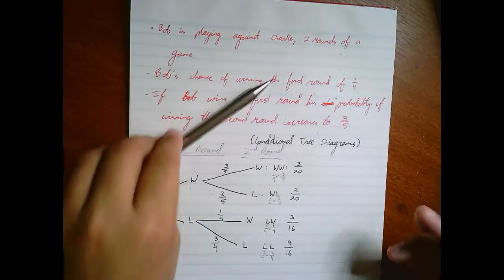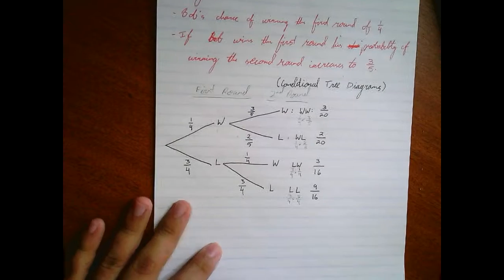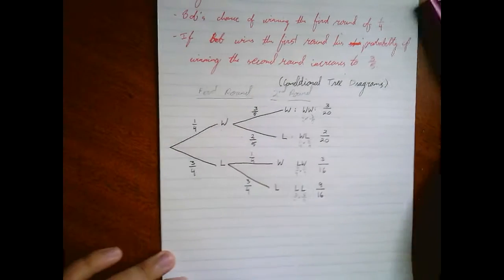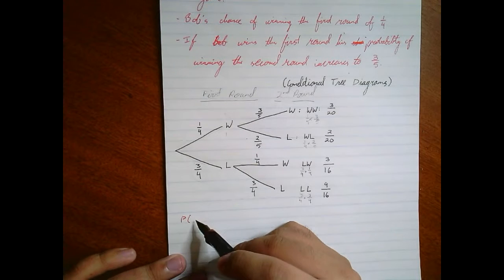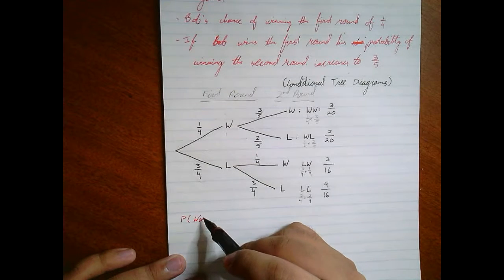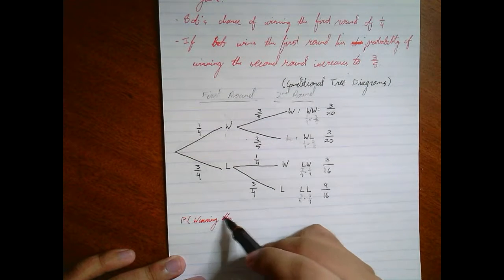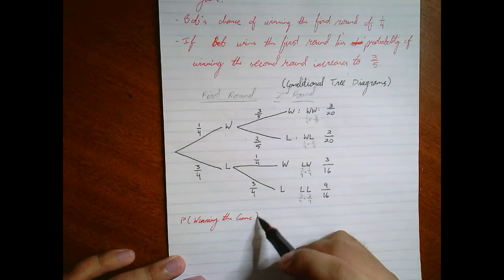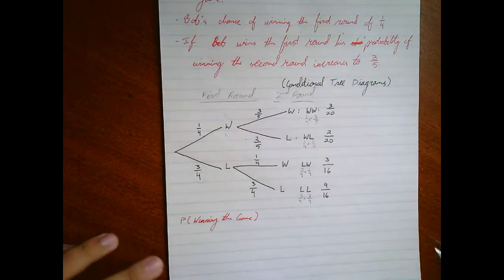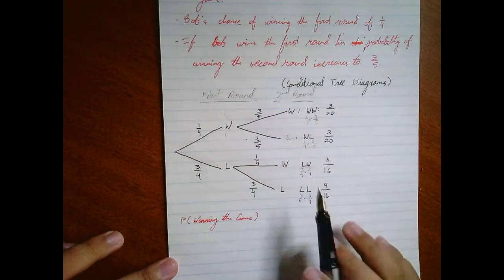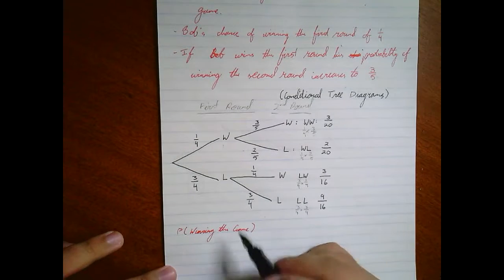So from this point on, it's a lot easier to calculate probabilities of this result. So let's say they ask us, what's the probability of Bob winning the game? Well, in order for him to win the game, he needs to win both rounds. But we've already calculated that. It's 3 out of 20.